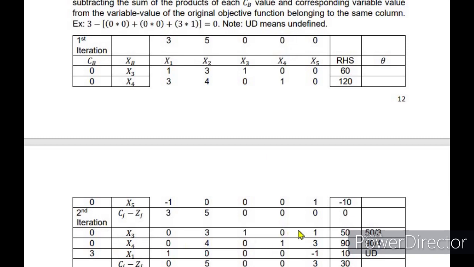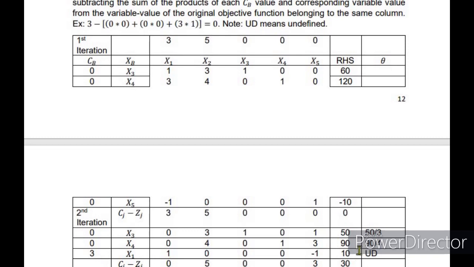Then 0 multiplied by 1, 0 multiplied by 3, and 3 multiplied by negative 1. So it is negative 3, so 0 minus negative 3 is positive 3. So next for the RHS, 0 times 50, 0 times 90, so 3 times 10 is 30.